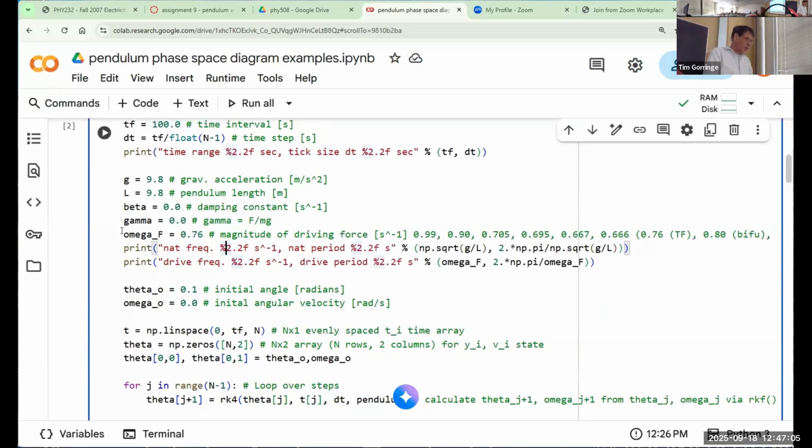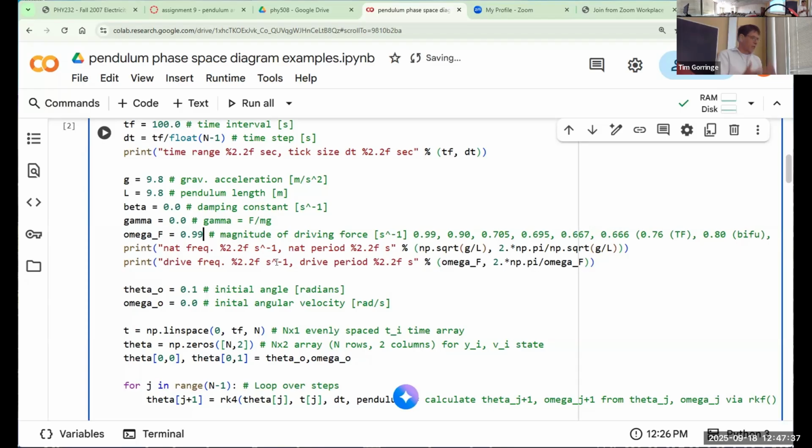I'm also defining here, and we're going to play around a lot with this, the driving frequency. This is a number I'm going to play around a lot with once we switch driving on. I'm going to start it at a frequency that's very close to the natural frequency, so that would be essentially on resonance for the natural frequency.